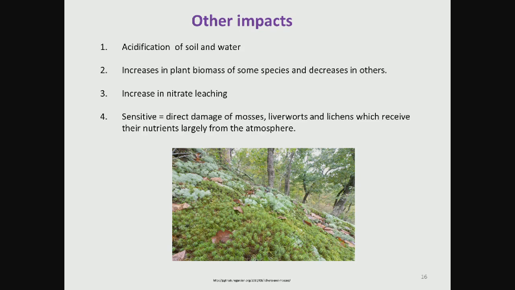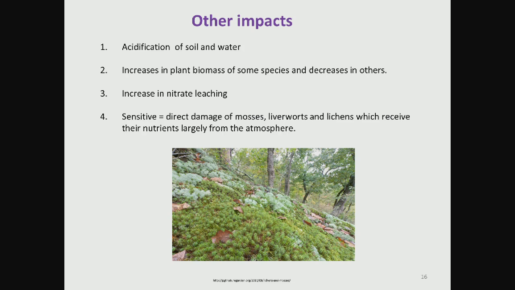You've got acidification of the soils and the water, which I'm not going to go into, but you will be aware of that. Increased nitrate leaching: you've heard about eutrophication from fertilisers, but all this nitrogen from air pollution also goes into the soil and can be leached away. So it can increase the effects of eutrophication from an atmospheric gas.